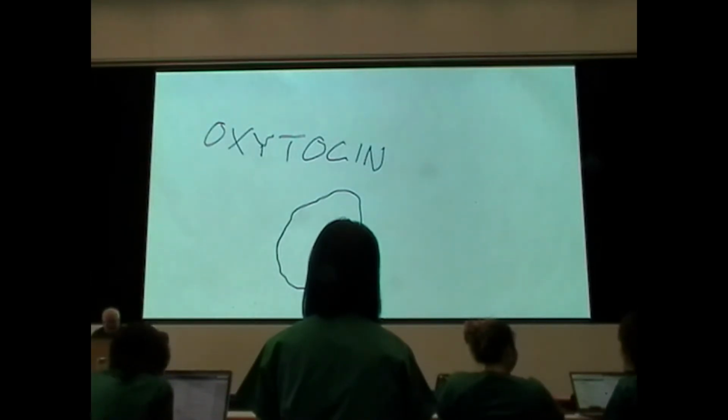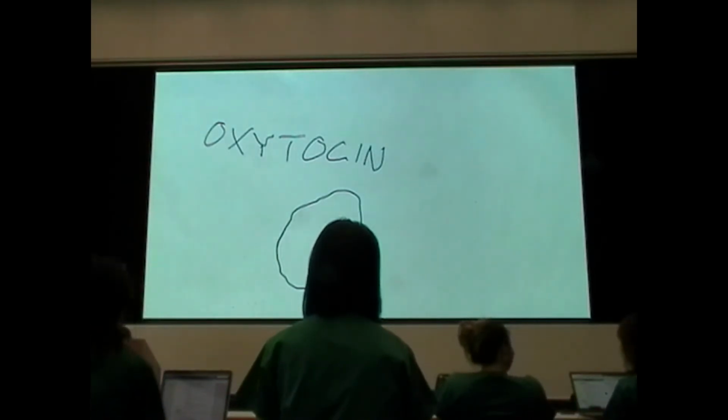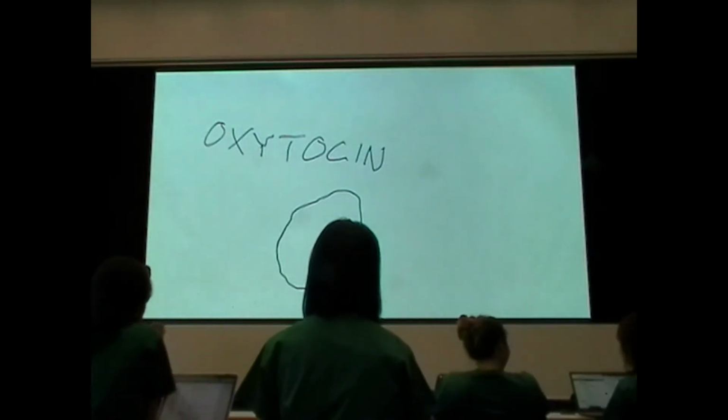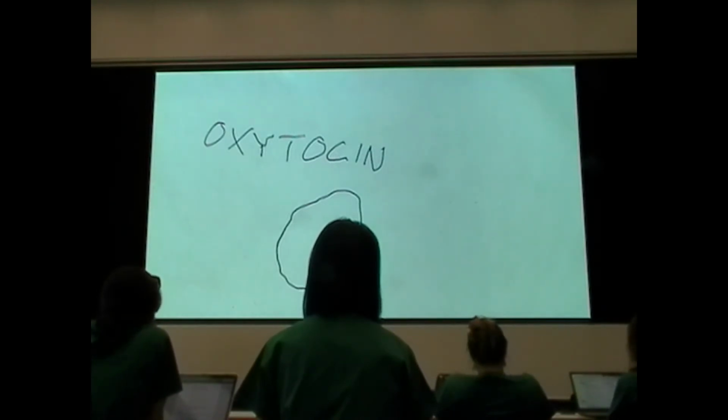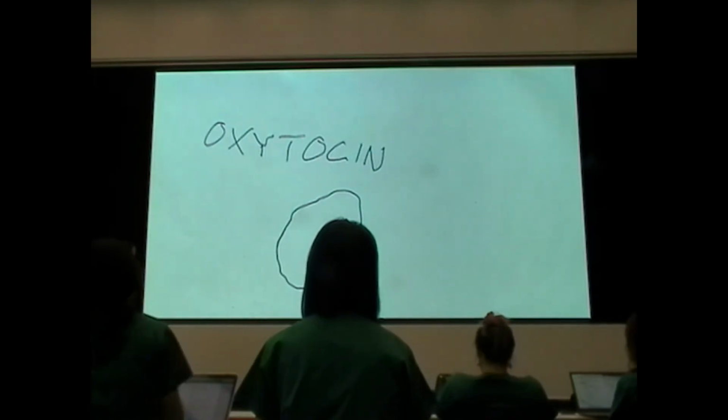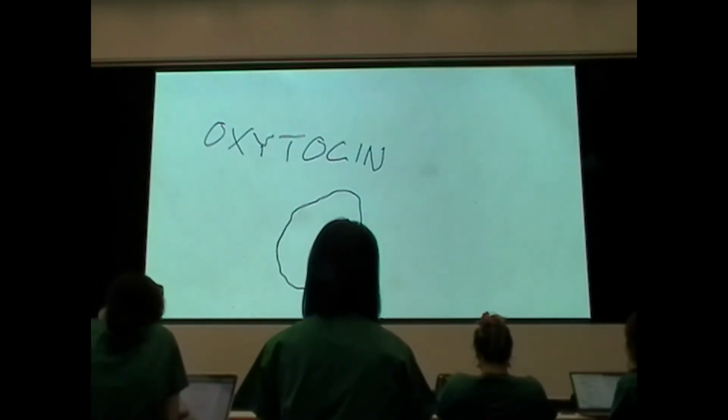Somebody got a very smart idea. They realized that if oxytocin was causing myoepithelial contraction, maybe it also causes contraction of smooth muscle.